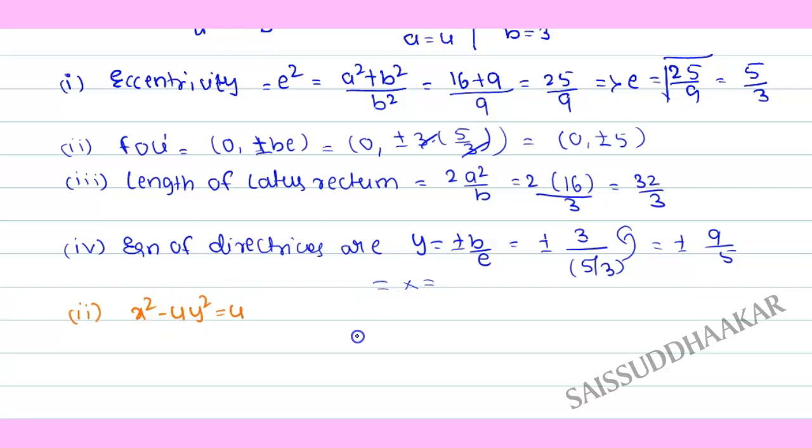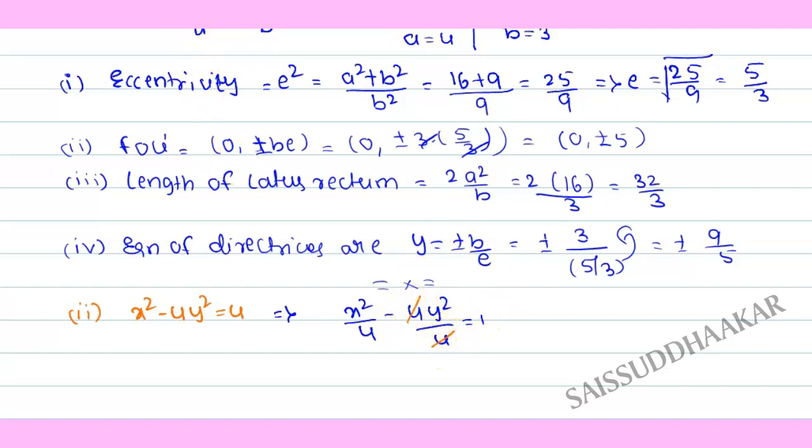First we convert into the standard form by dividing by 4 on both sides. So we get x square by 4 minus 4y square by 4 is equal to 1. Here the 4 and 4 will get cancelled.